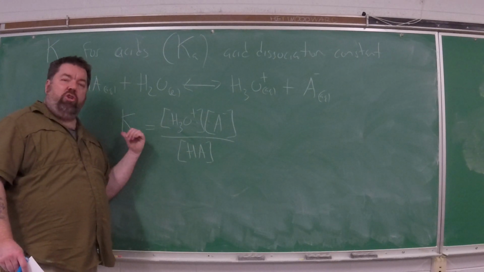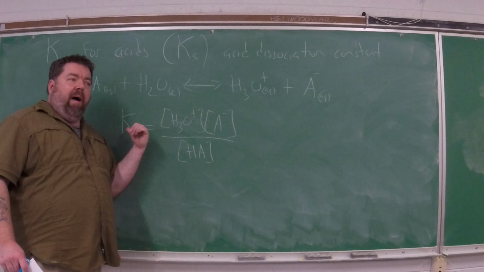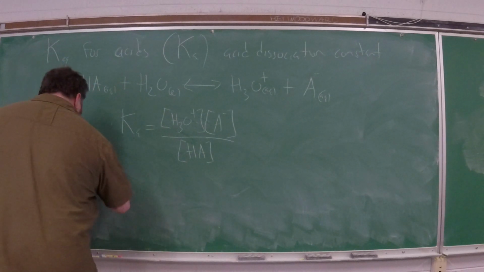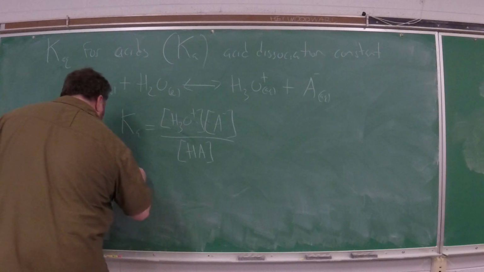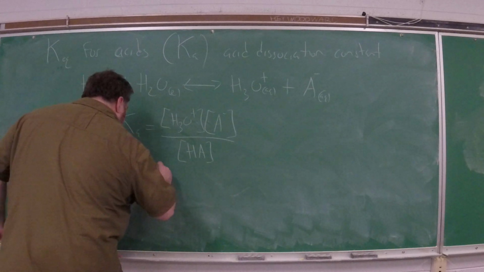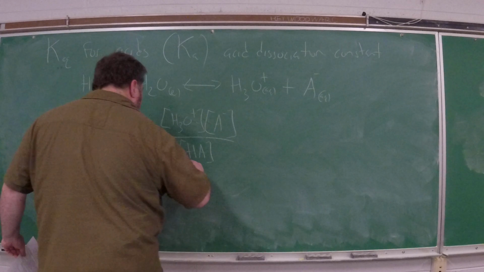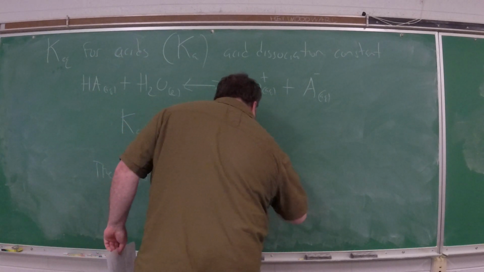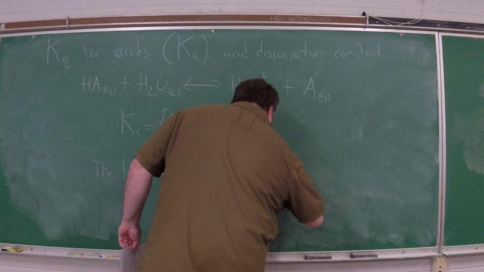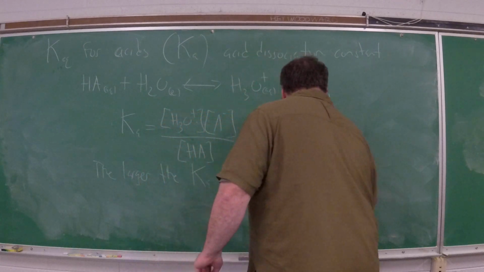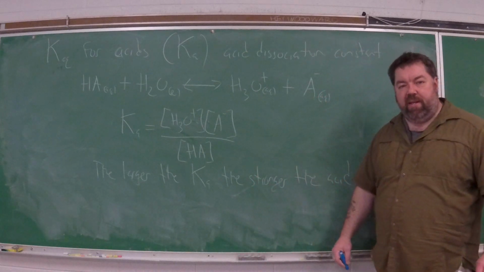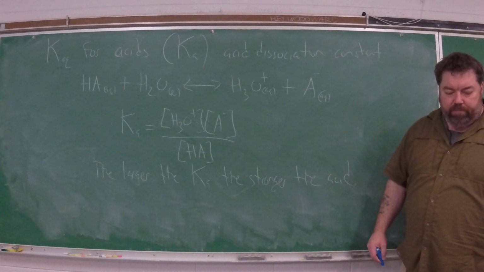So basically, long story short, the larger the Ka, the stronger the acid.